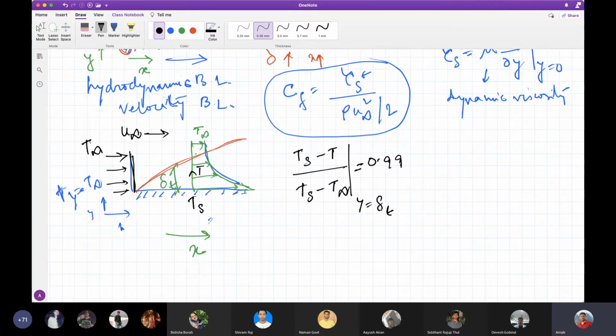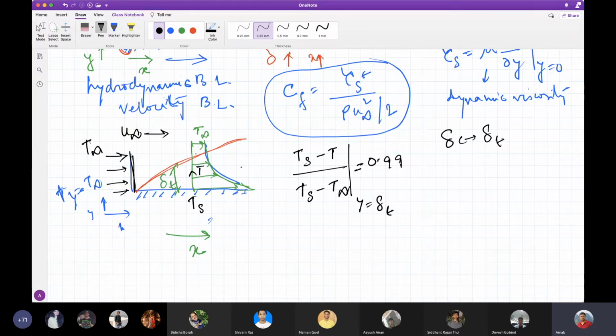Fine. With increasing distance from the leading edge, the effect of heat transfer will also penetrate, like the viscosity penetrates along the flat surface, and the thermal boundary layer also grows. That means there will be two boundary layers. We will see later what the relation between delta and delta T is.